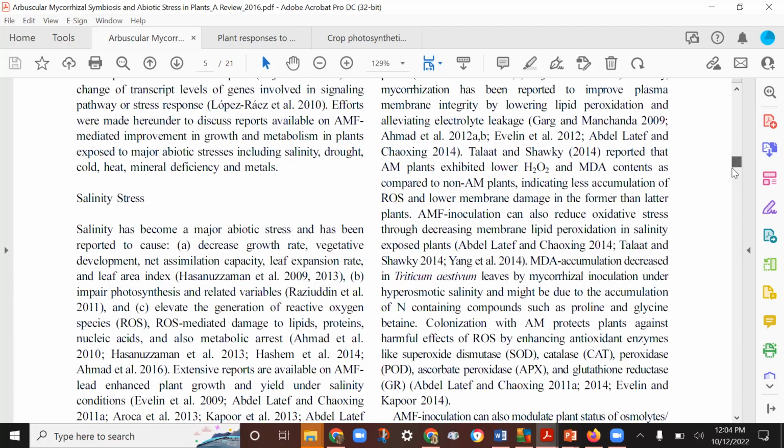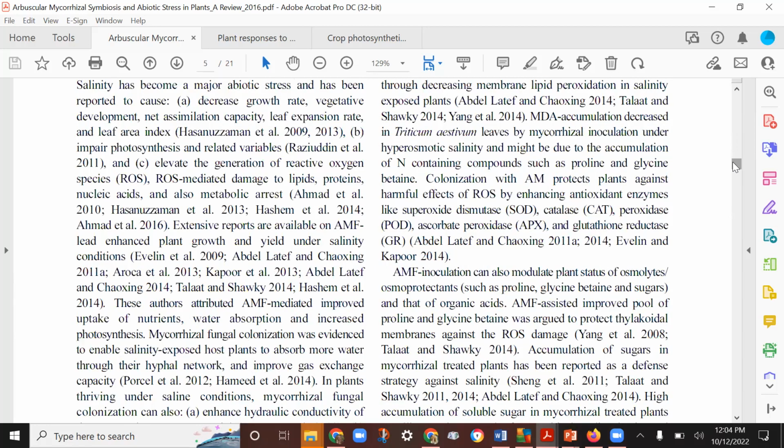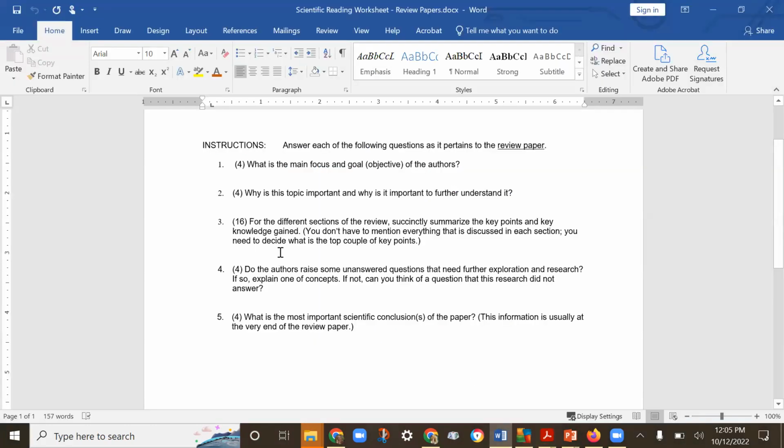You can also say, figure 1 gives a great example of this idea, whatever it is, okay? So that 3rd question is the bulk of the paper, where you're just picking out a couple of things from each section.